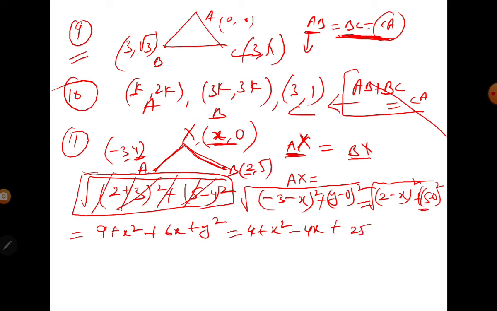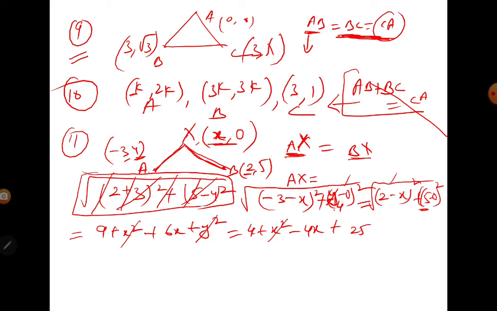This 5 square is 25. This root will cancel with this root, so we square both sides. What is left now? The x square will go. You can cut it and write 4 minus 0, because y we are not taking, it is a point on the x-axis. So it is 4 minus 0 for the ax point.